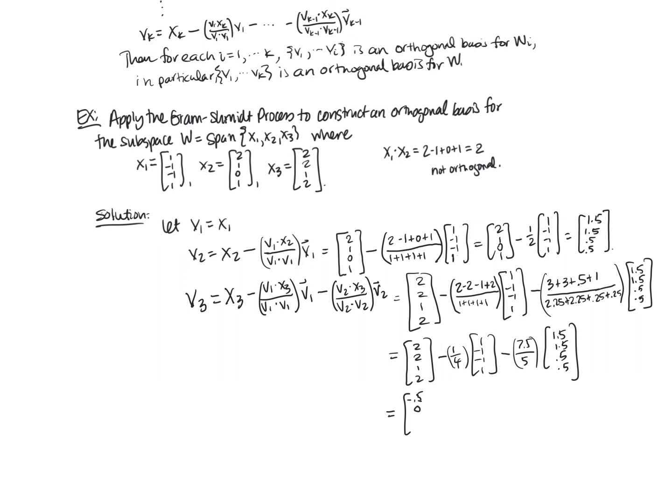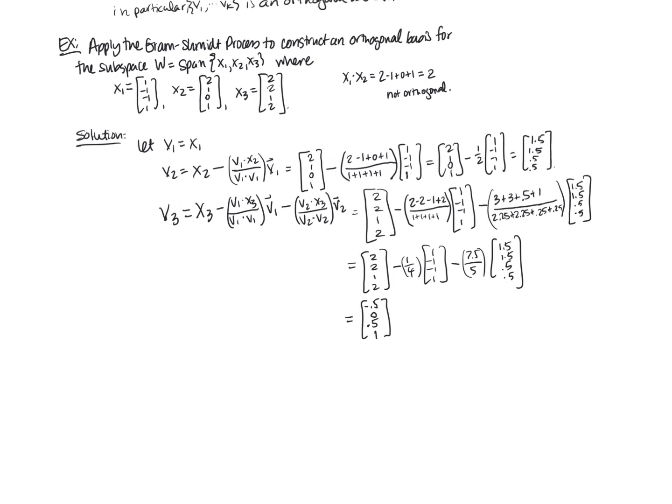For the third one, I get 1 plus 1/4 minus 1.5 times 0.5, so I get 0.5. And for the last one, I'm going to get 2 minus 1/4 minus 1.5 times 0.5, so I get 1 in the bottom one.